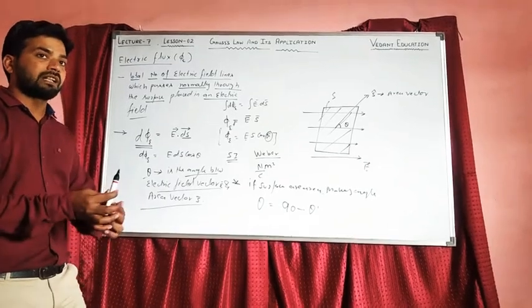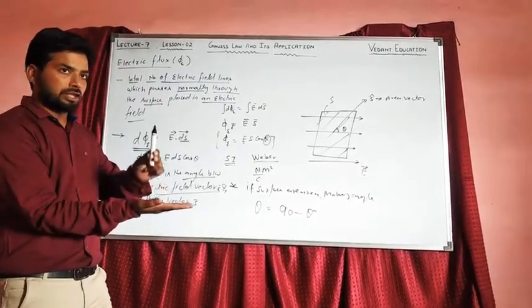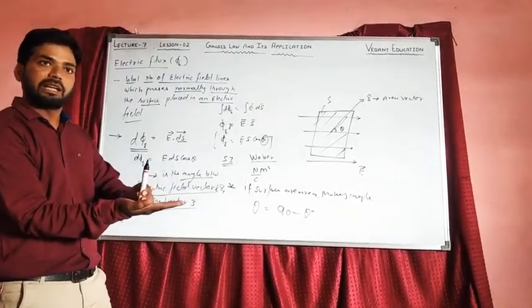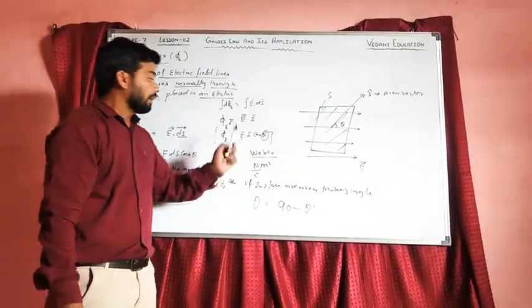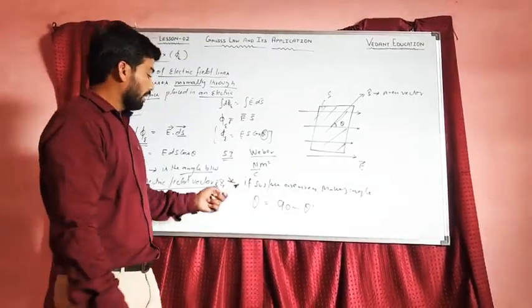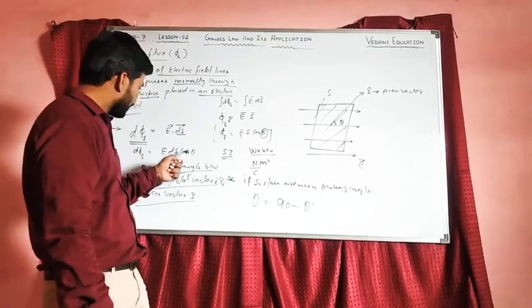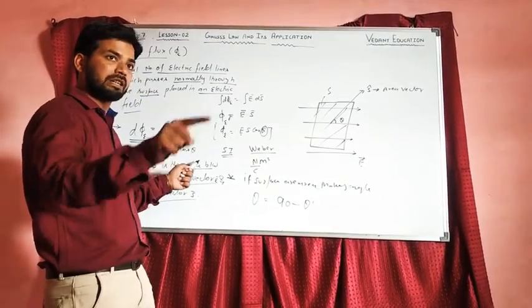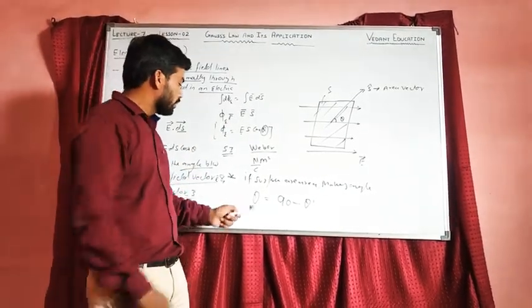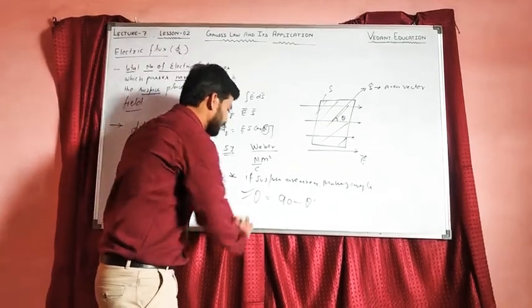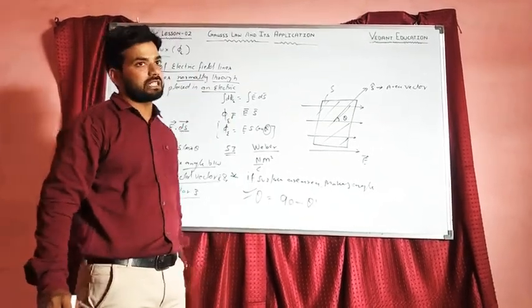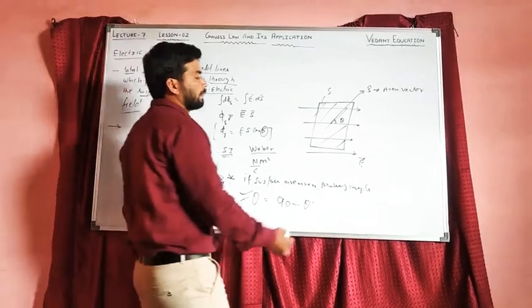What is the area vector? The normal drawn to the surface area is known as the area vector. So if this theta is not given directly, and the surface area makes the angle, in that case you will consider theta as 90 minus theta dash. Okay?